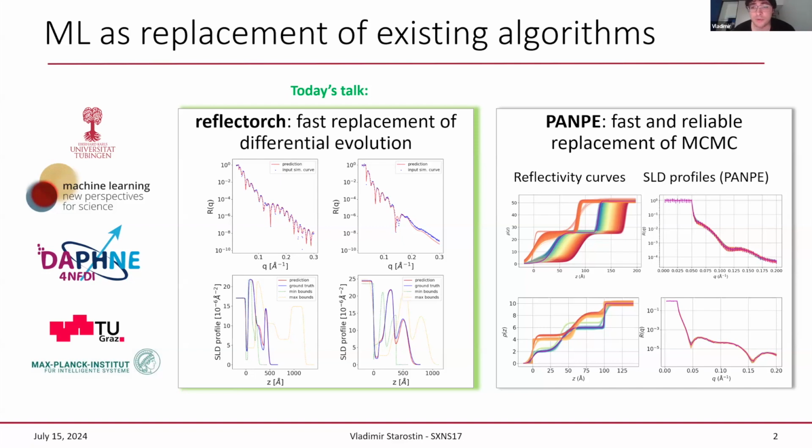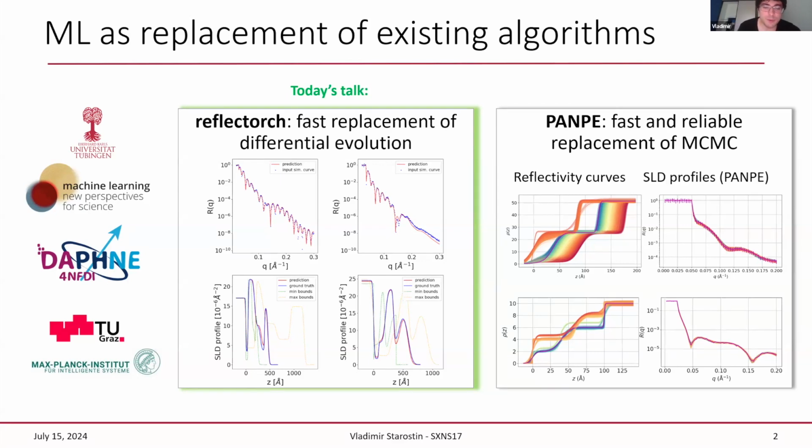And the other one is PAMPE, the fast and reliable replacement for Bayesian inference methods such as Markov chain Monte Carlo. And I think here it is important to say what is the difference between the talks by the previous speakers and this one. The main difference is that we are not developing new packages, but rather new algorithms.